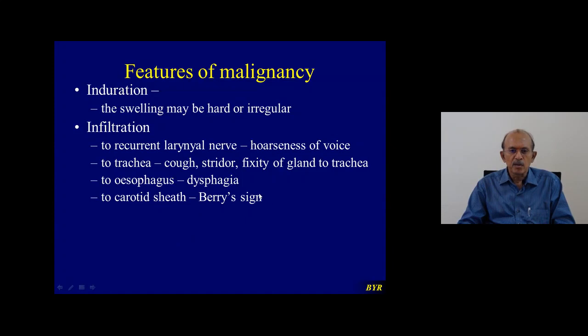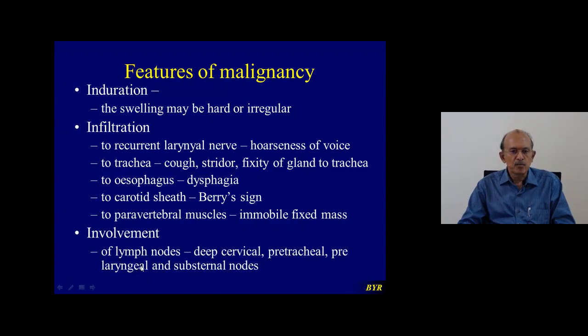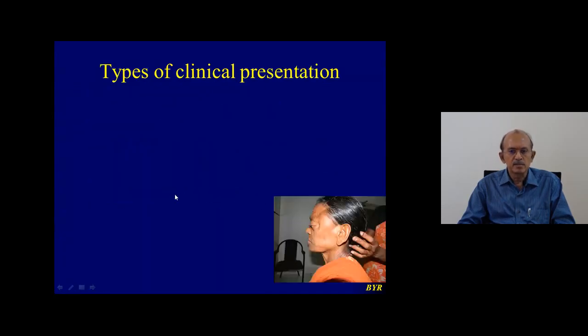Already explained the Berry's sign. Infiltration to the paravertebral muscles produces an immobile fixed mass. Involvement of lymph nodes: deep cervical, pretracheal, prelaryngeal, substernal nodes, and distant organs by bony secondaries.